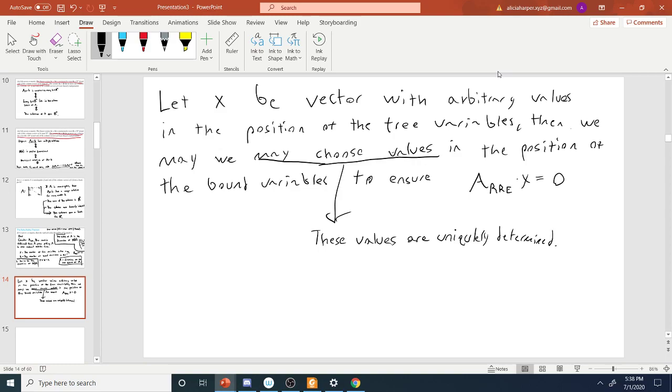So, in order to understand this in practice, it may be helpful to look at an example. Let's look at the following matrix in row-reduced echelon form. 1, 2, 3, and then 0, 0, 0, 1, 0, 5, and then 0, 0, 0, 0, 0, 1, 0, 0, 3. So this is a 3 by 6 matrix.